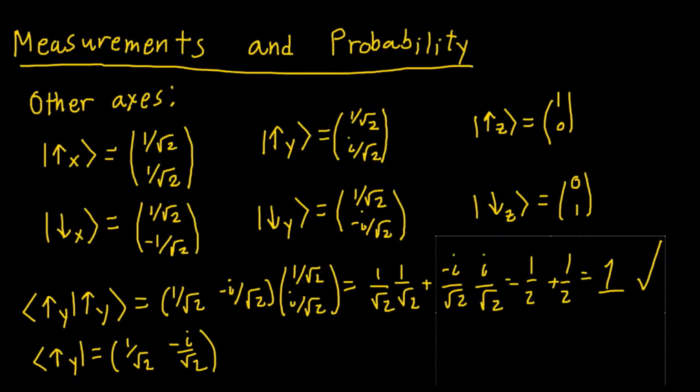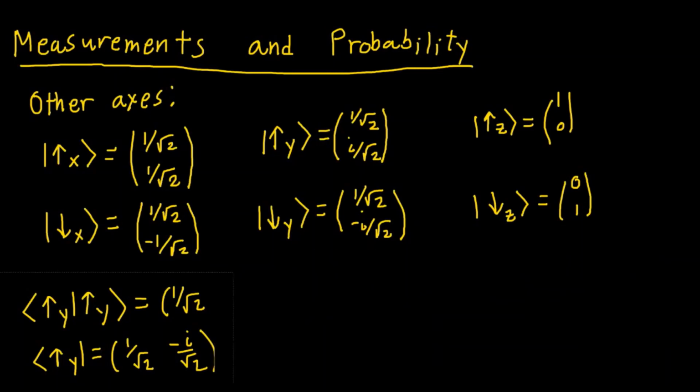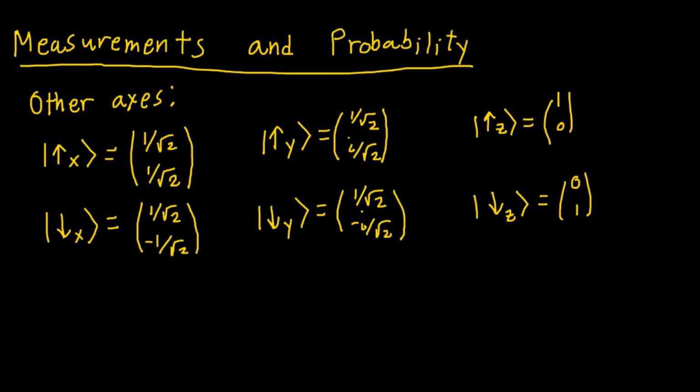All right, so clearing this once again, I want to ask one more question, which is, what is the inner product of the spin up vectors and the spin down vectors along each axis? So what is the inner product of the spin up vector along the x-axis with the spin down vector along the x-axis?